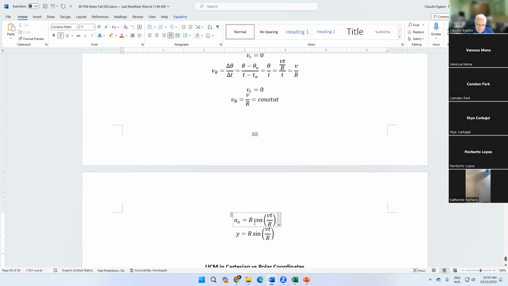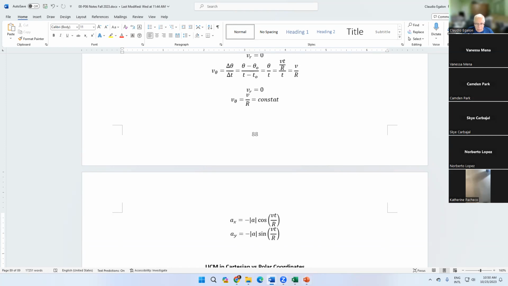It's going to be a negative here, but it's not going to be R, it's going to be something else that I still do not know, that I call A. And the y component is also going to be negative. It's negative y because the acceleration is towards the center, whereas the position vector is away from the center. So the key now is to find out what this value is.